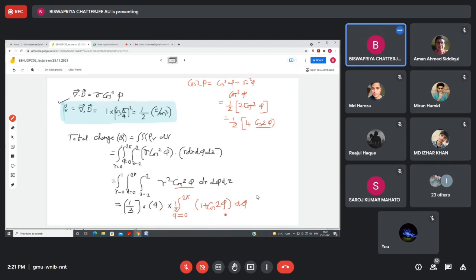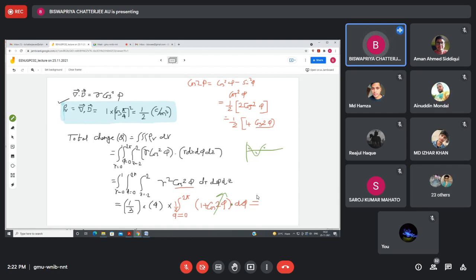Now 1 into d phi. If you integrate this, the integration of the second term will be 0, because it is integrating over a complete cycle. The positive cycle exactly cancels out the negative cycle.